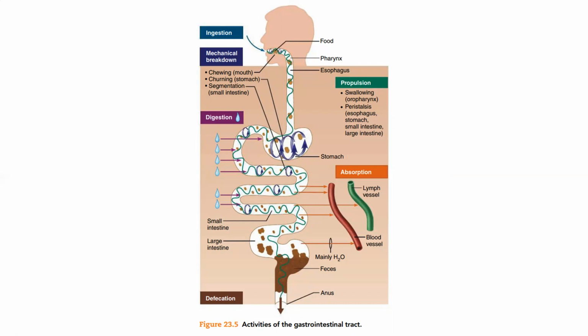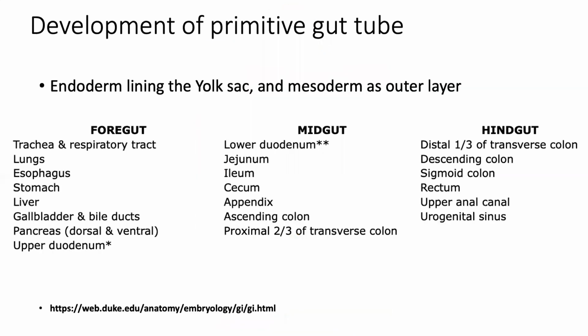So that is our alimentary tract or gastrointestinal tract, which starts from the oral cavity and finishes at the anus. I want you to remember this, the developmental anatomy.